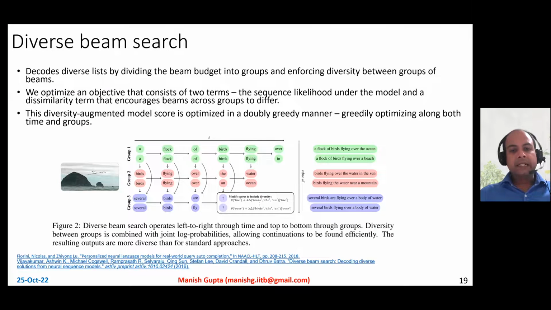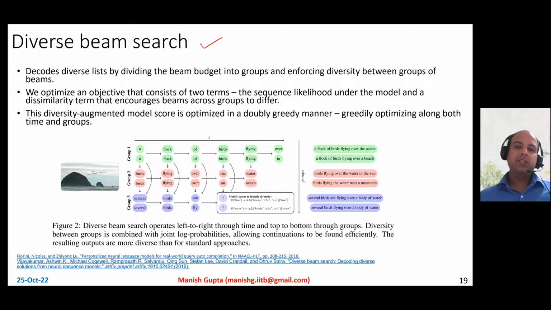Lastly, yet another thing that has been popularly studied for such models is diverse beam search. When you're generating suggestions, you want to generate suggestions that are good in the sense that they maximize the probability of seeing the actual ground truth in the generated output. But at the same time, you also want to have diverse suggestions coming out from the beam. Now there are several ways of coming up with diverse beam search, so people have just leveraged those ways for natural language generation in QAC systems.